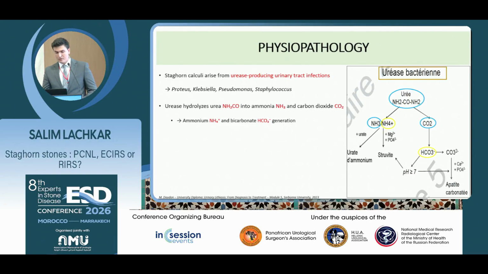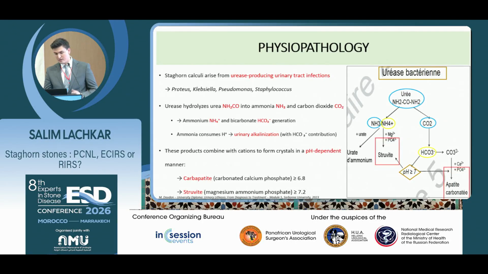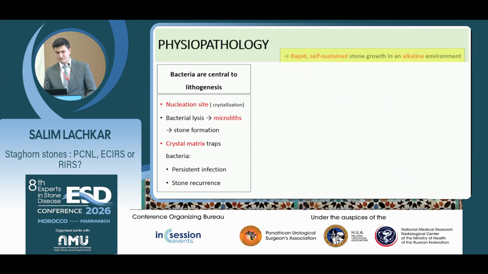NH4 and bicarbonate generation will consume H+, and we will have a pH that will rise to more than 7. Then the crystals will form in a pH-dependent environment, and we will have the formation of carbapatite at a pH more than 6.8 or struvite at more than 7.2.